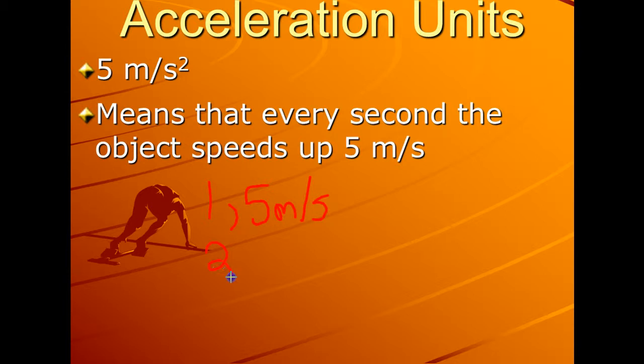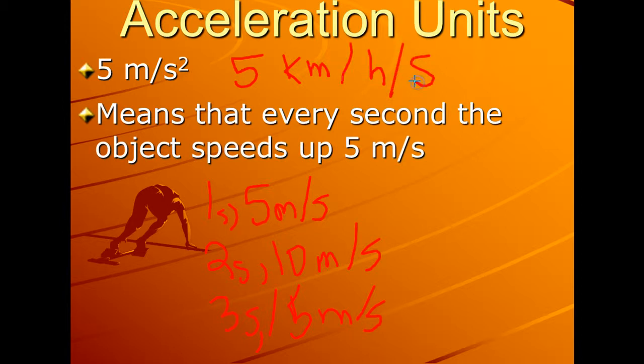After 2 seconds, you'll be going 10 meters per second. After 3 seconds, you're going to be going 15 meters per second. Does that make sense? Okay. You could have different acceleration units. You could have 5 kilometers per minute, or kilometers per hour per second, or something like that.